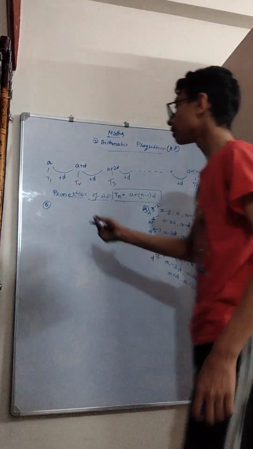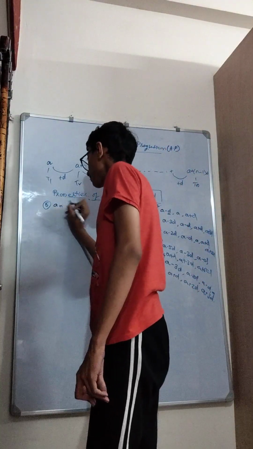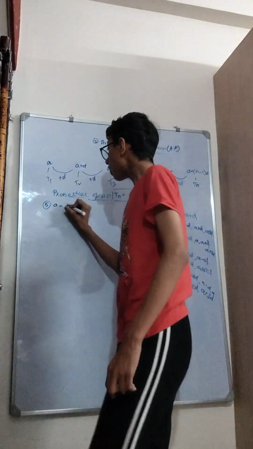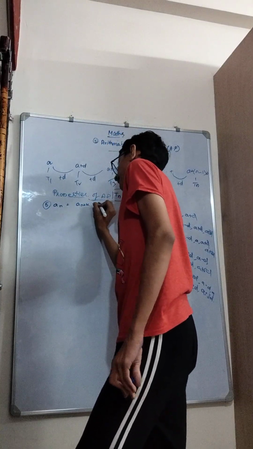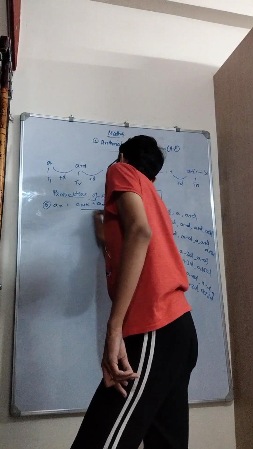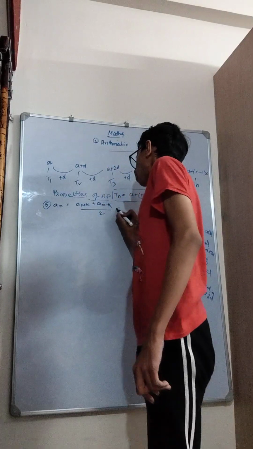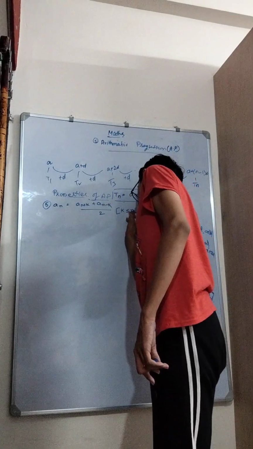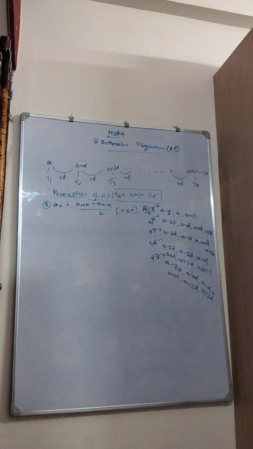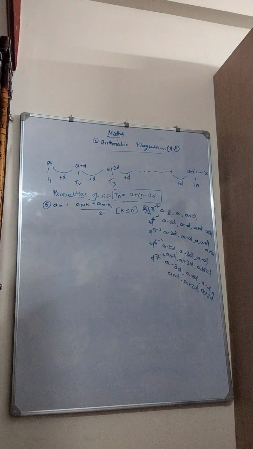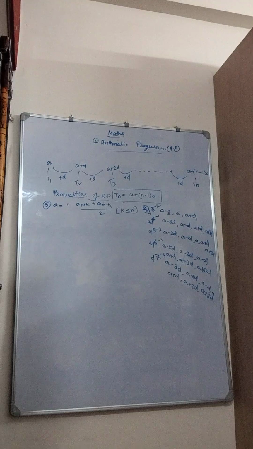So if I want to find the value of an, it would always be (an plus k plus an minus k) by 2. This is always for k less than or equal to n. If k is equal to n, it will be a0, so 2a by 2, so an would be a only, right?